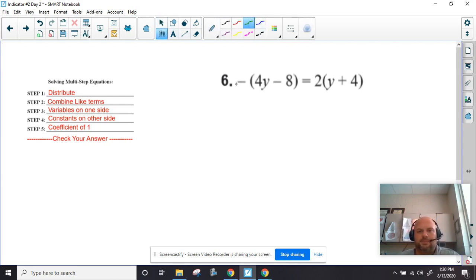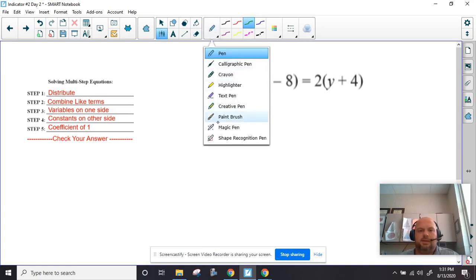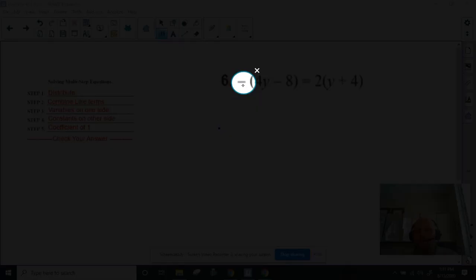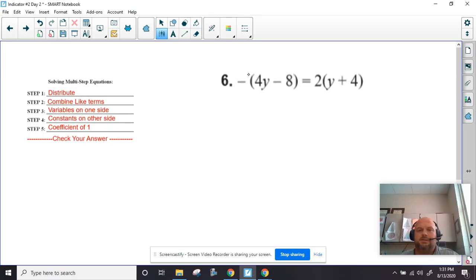Now, this one right here usually confuses people because they don't see this. Remember, you treat this as a -1. Basically, if you see a negative out here, what that's going to do is when you distribute, it changes the signs.